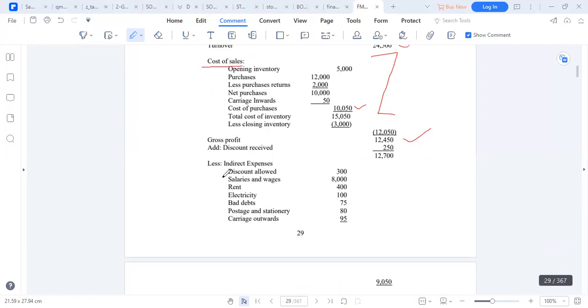Then we now start lessing our indirect expenses. Discount allowed, salaries and wages, the rent, the electricity, the bad debts, the postage, carriage outwards, all these. If we had fittings and fixtures put there deliberately, you can't add it here because that is what we call a capital expenditure.